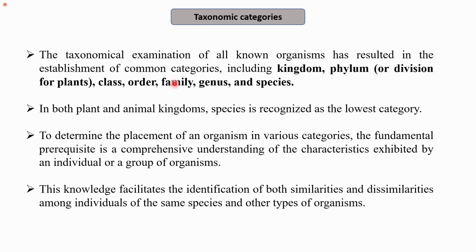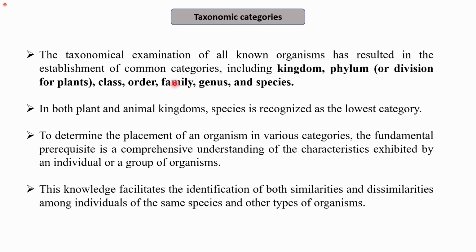That is KDCOFGS. Kingdom, division, class, order, family, genus, species. Phylum and division are the same level of taxa; phylum is used for the animals and division is used for the plants.